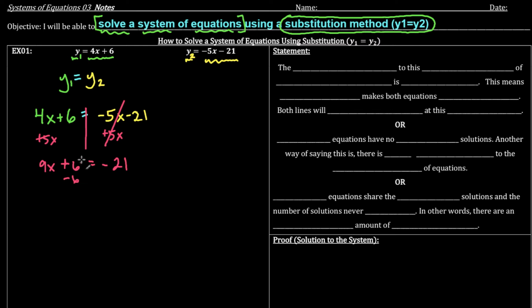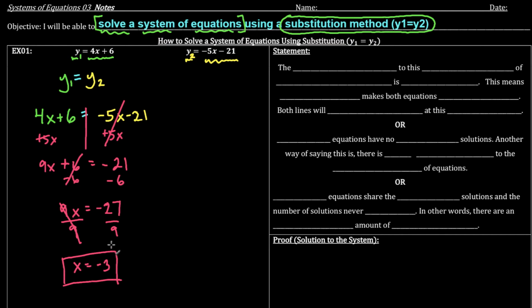Then I subtract 6 from both sides, and I get 9x equals negative 21 minus 6, which is negative 27. I divide by 9 and get x equals negative 3.